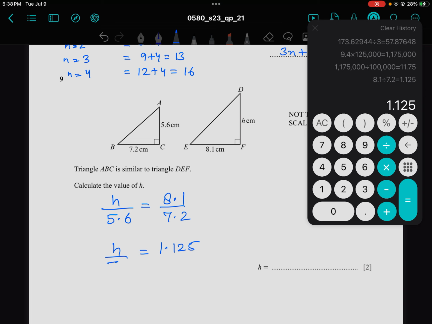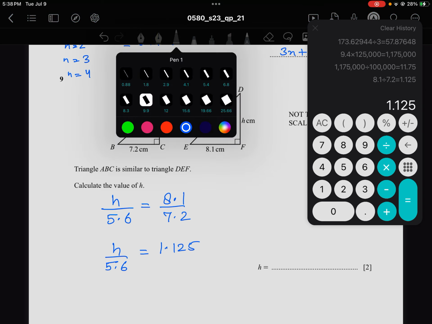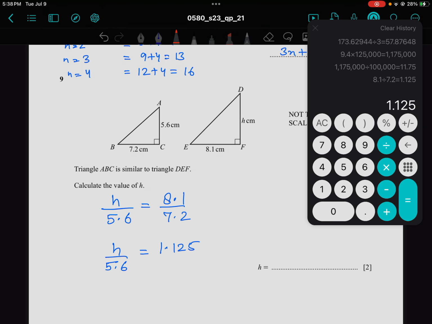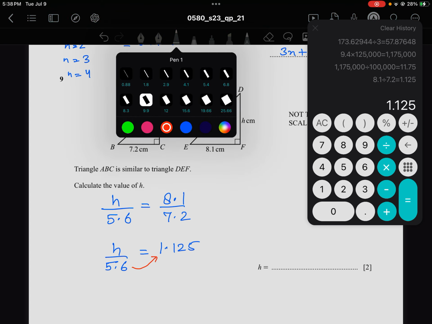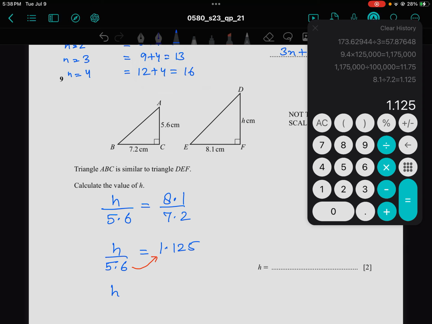This is H upon 5.6. Taking 5.6 to the other side of the equals, it will be multiplied: 5.6 into 1.125. So my answer is 6.3 centimeter.